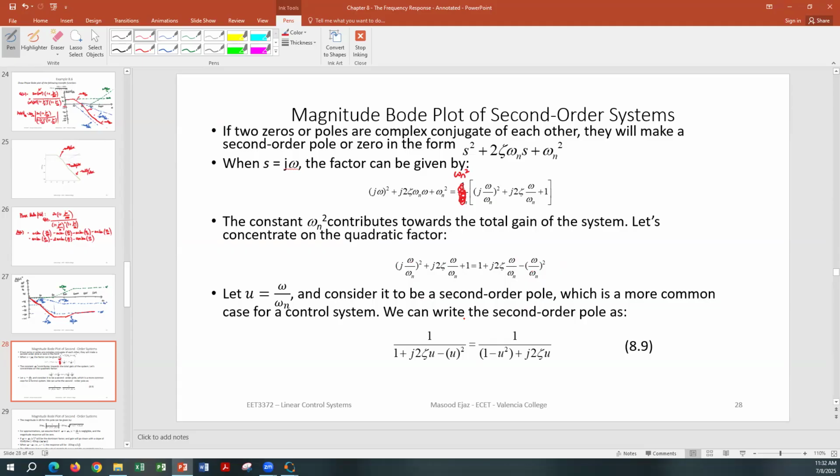Of course, j squared is negative 1, so that's negative 1 times omega over omega n squared. So we can write this down as the real part, 1 minus omega over omega n squared, and then the imaginary part is j 2 zeta omega over omega n.